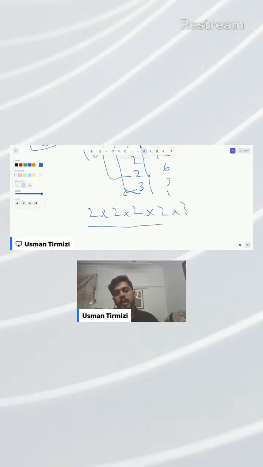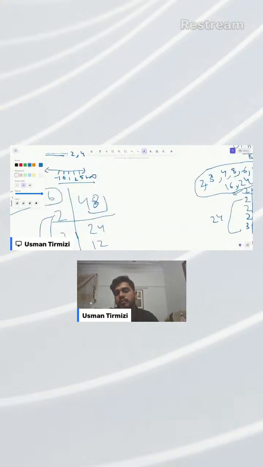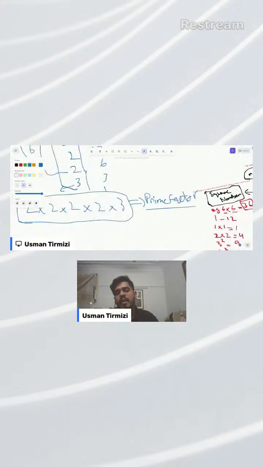So all of them are prime numbers. 2 is a prime number and 3 is obviously a prime number, so all of them are prime numbers, hence they are called prime factors. So 2 and 3 are called the prime factors of 48.